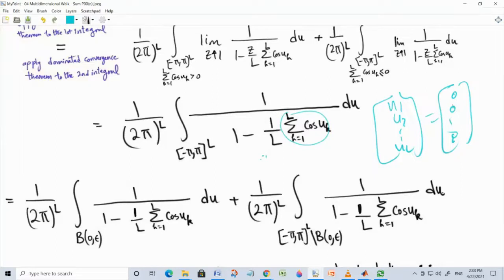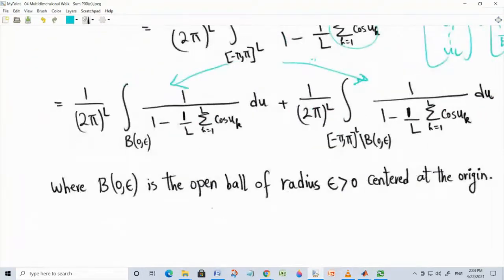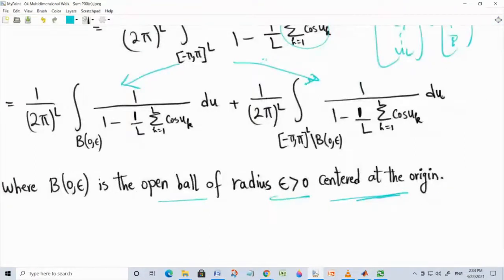So let's split this integral into two: a ball around the origin with some radius epsilon, the open ball of radius epsilon centered at the origin, and then the domain of integration from which this ball is removed.